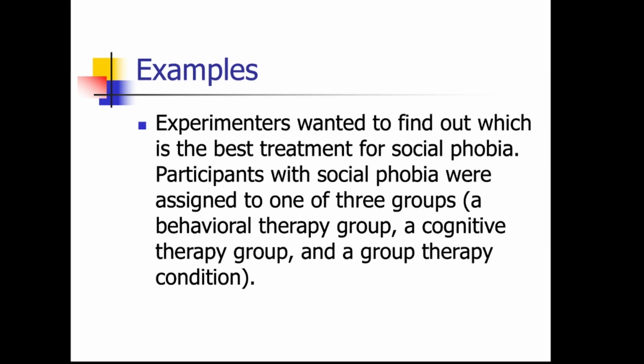Okay, now that you've hopefully done that, that you're engaging in active learning. You hopefully correctly identified treatment as the independent variable, and then the three levels as behavior therapy, cognitive therapy, and group therapy.